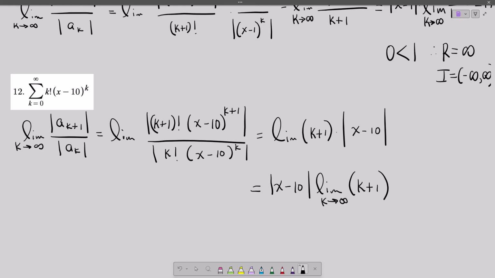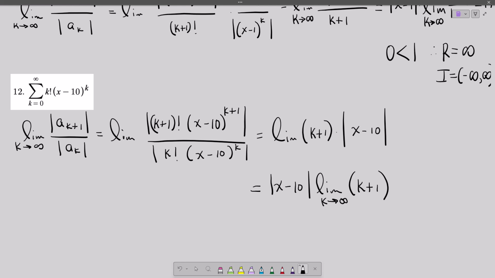For any particular x, it's just constant. If you plug in x equals 15 or 12 or 100 or 1,000,000, that's just a constant. And we know constants don't affect whether this limit is going to converge or not.